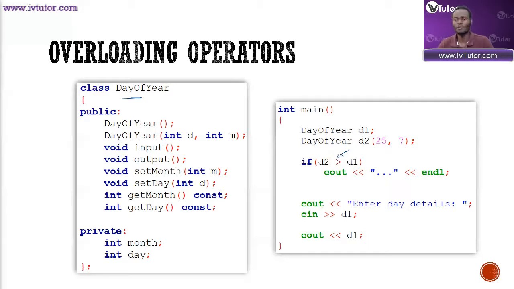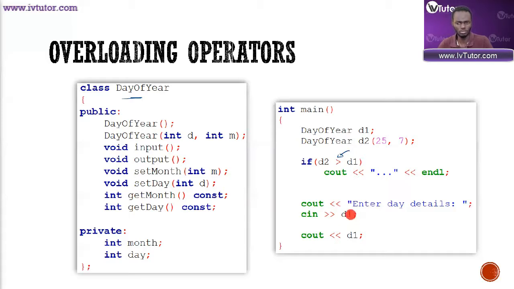Another instance is, what if we want the user to provide the day and month, and we just want to put that straight into a variable of type day of year, like this. You can do cin with a variable of type int, which works, but you cannot do this, because the extraction operator doesn't know how to use an input stream and an object of type day of year.